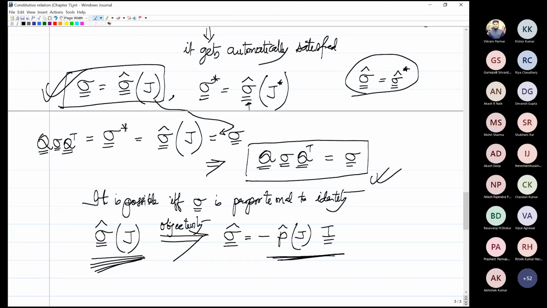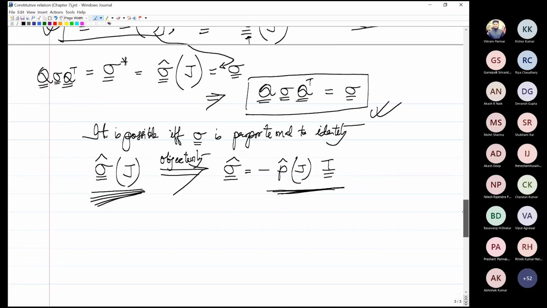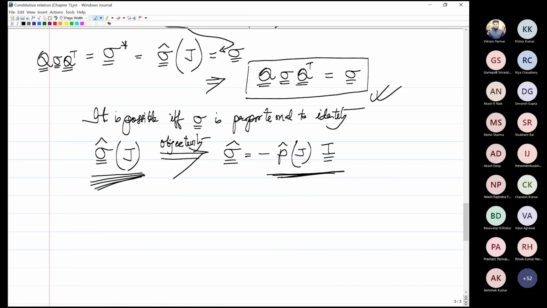And can you see that indeed this is the case in compressible fluid flow? When you have compressible fluid, the only constitutive dependence is on the pressure function, and stress is always proportional to identity. Compressible inviscid flow, stress is proportional to identity.